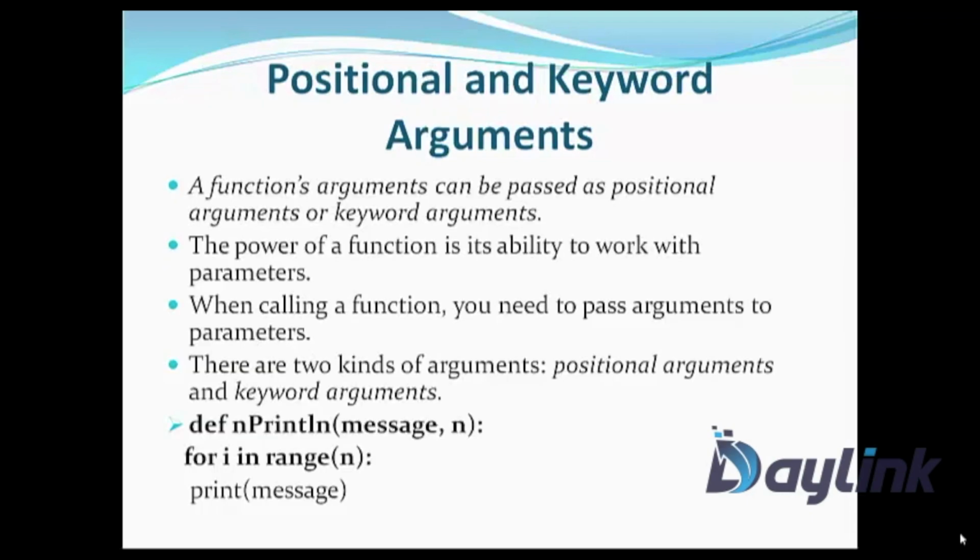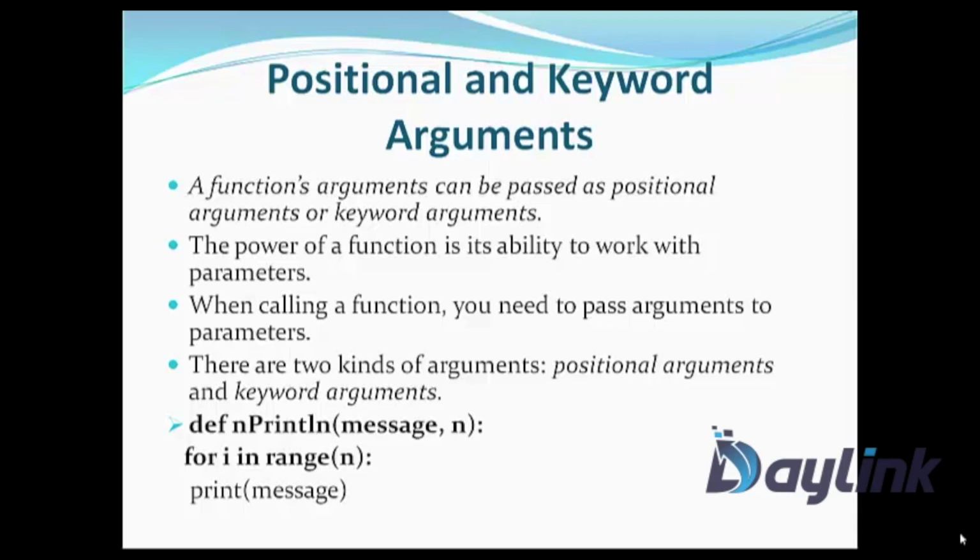Next, we see positional and keyword arguments. Function arguments can be passed as positional arguments or keyword arguments. The power of a function is its ability to work with parameters. When calling a function, you need to pass arguments to parameters. There are two kinds of arguments, positional arguments and keyword arguments.